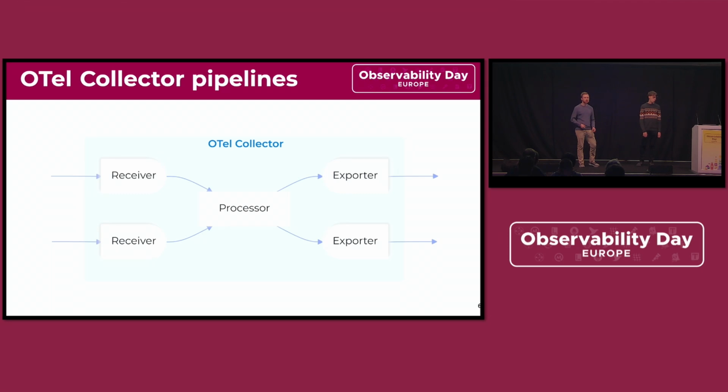So this might just be tweaking some fields, you might want to do some redactions, some sampling, et cetera. And then finally you put it into an exporter, and the exporters will translate it into an output format. We hope OTLP works for you, but any number of other output formats are supported.